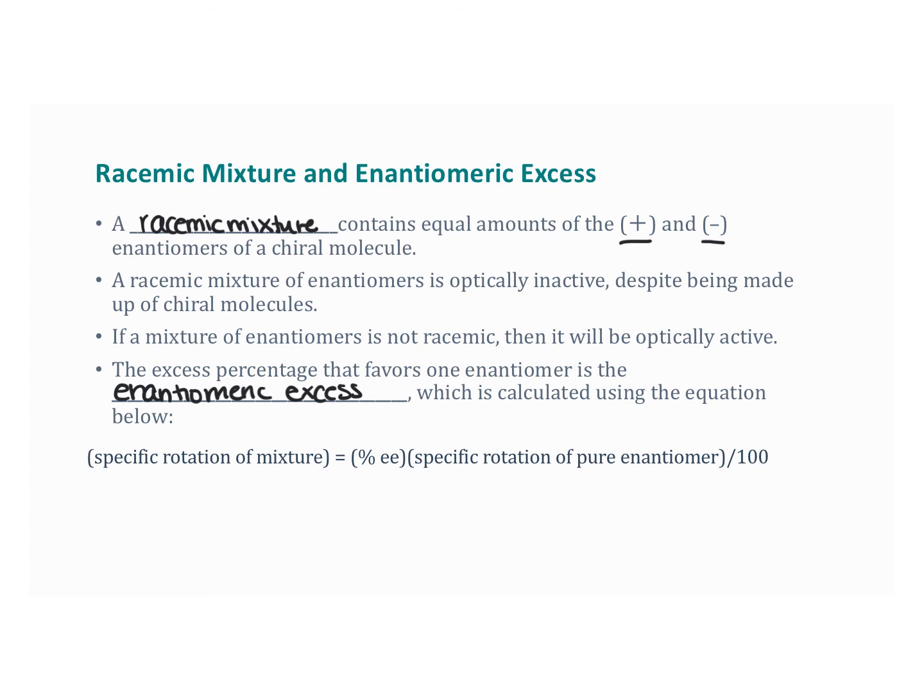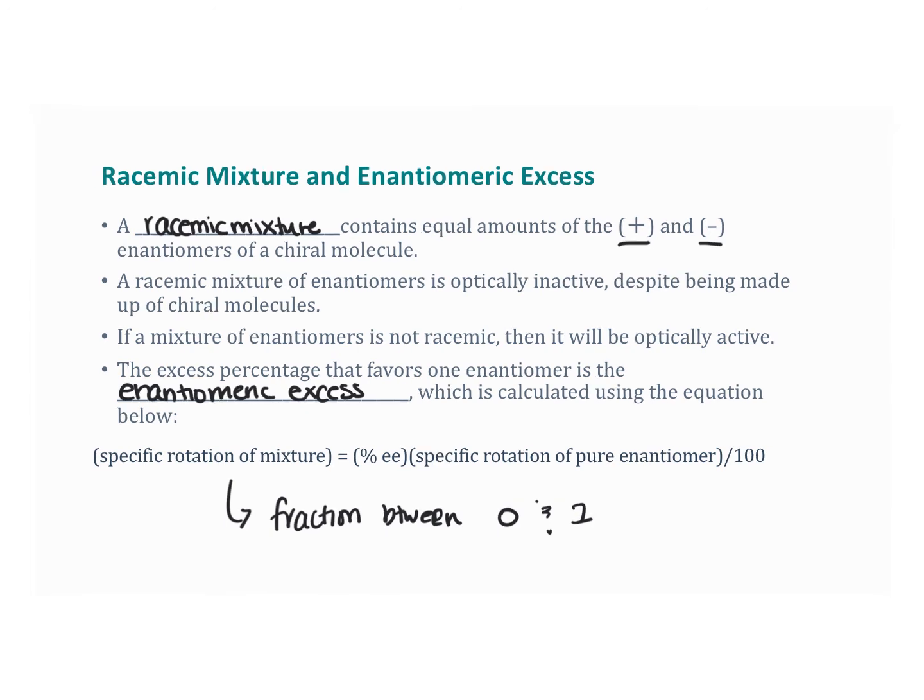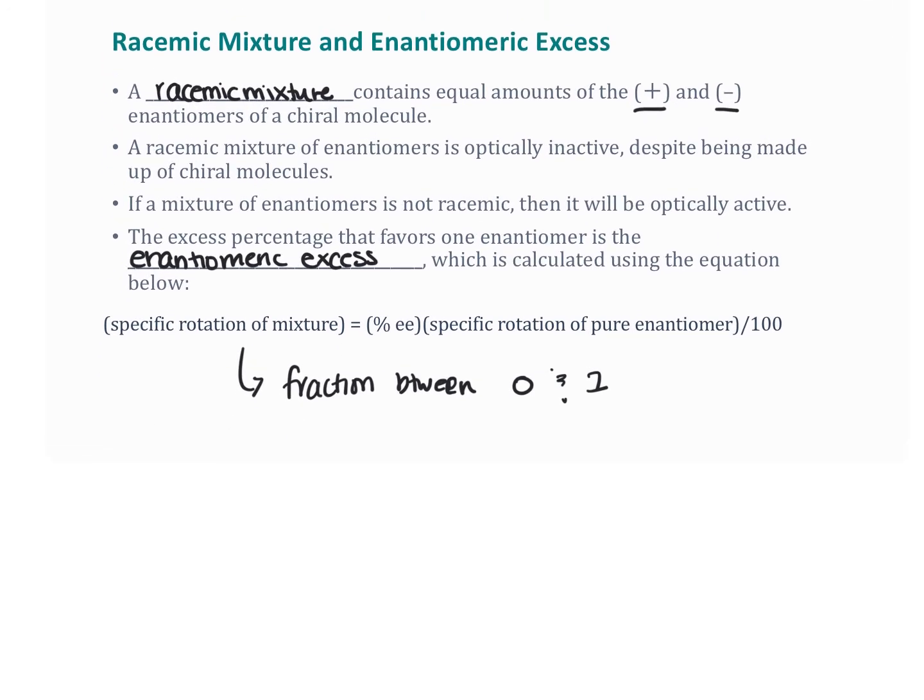The specific rotation of a mixture equals the enantiomeric excess times the specific rotation of the pure enantiomer divided by 100. Because that percent EE is divided by 100, this is going to be a fraction between 0 and 1. So what happens here is the specific rotation of the mixture of enantiomers is smaller in magnitude than the specific rotation of the pure enantiomers. So let me put some words to that.